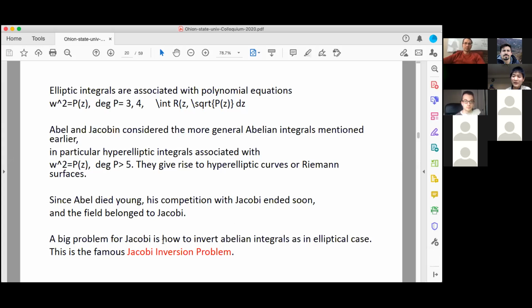Okay, a big problem for Jacobi is how to invert abelian integrals as in the elliptic case. This is the Jacobi inversion problem. You see, earlier for the elliptic integral, you just inverted the function. It's rather simple, though it's not easy to study it properly.